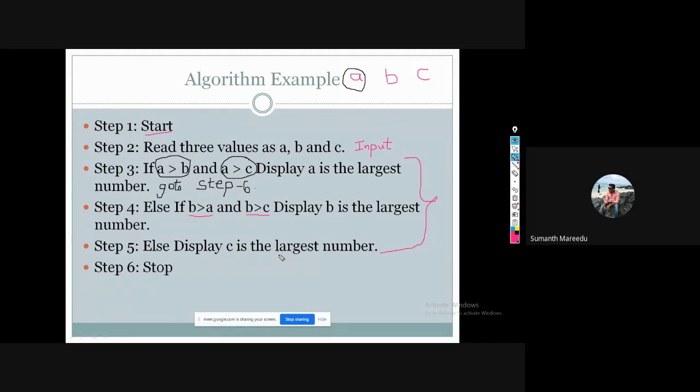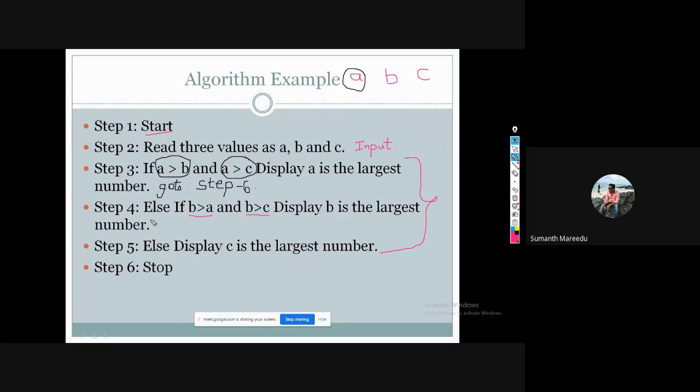What is the possibility for B to become the largest? Now I am verifying if B is greater than A and B is greater than C. If these two conditions are satisfied, then I'll display that B is the largest number.